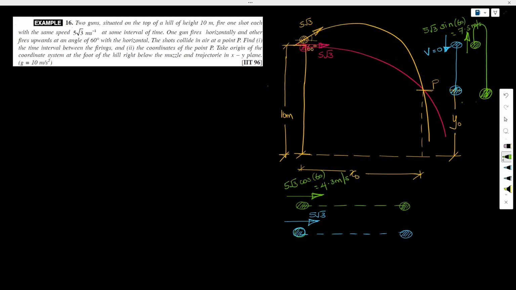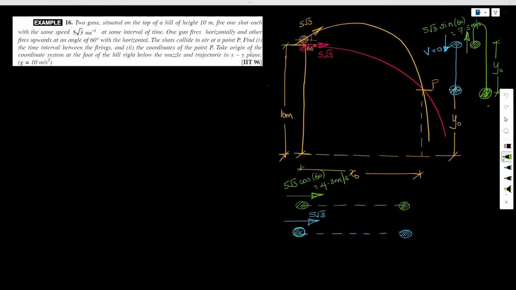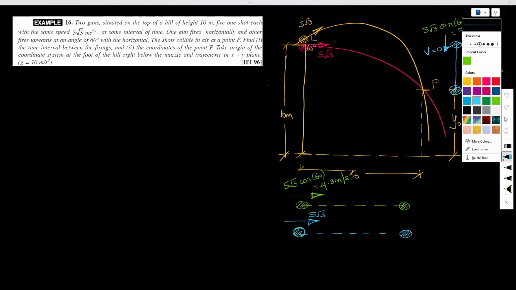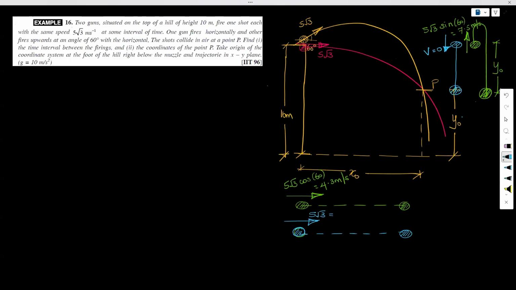And both of those particles are going to cover a vertical displacement of y naught. So 5 root 3, the horizontal component of the particle is 8.7 meters per second.